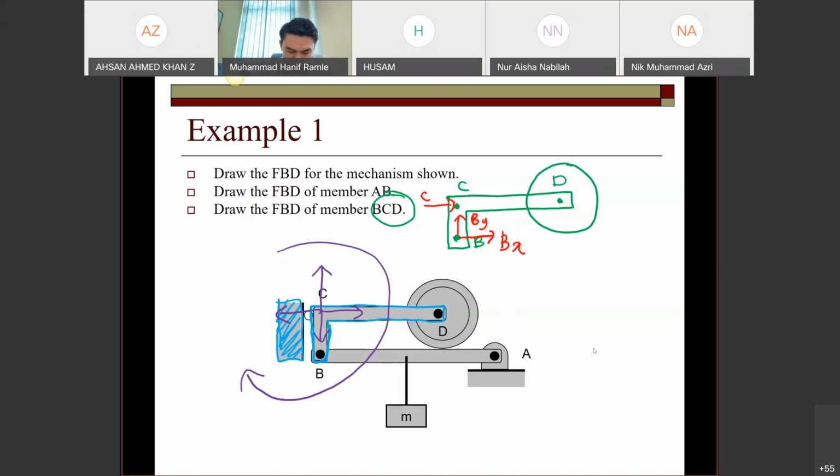Let me proceed quickly. Rotation can be done. Up can be done, down can go, right can go. The only thing that cannot go is left. The system BCD cannot go left because of the wall.